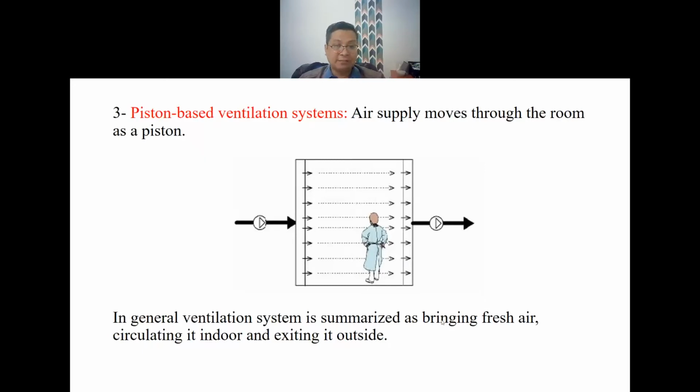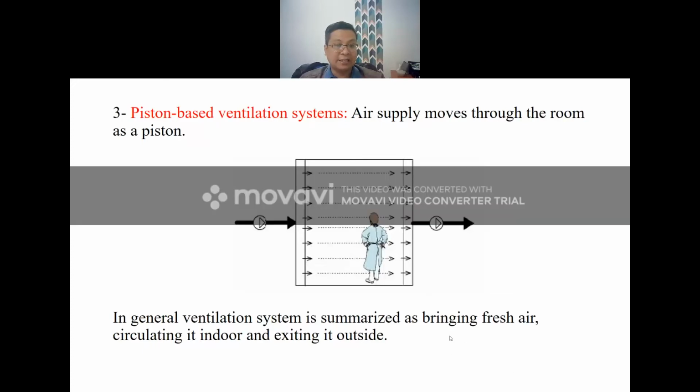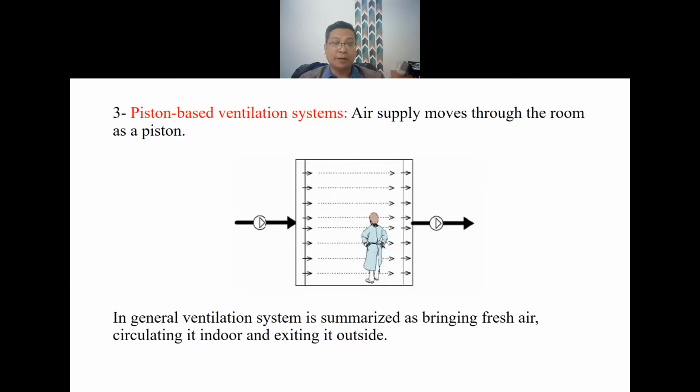In general, a ventilation system is summarized as bringing fresh air circulating indoors and exiting to the outside, the same as the natural condition introduced previously.